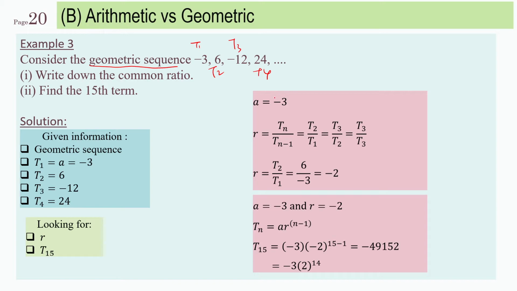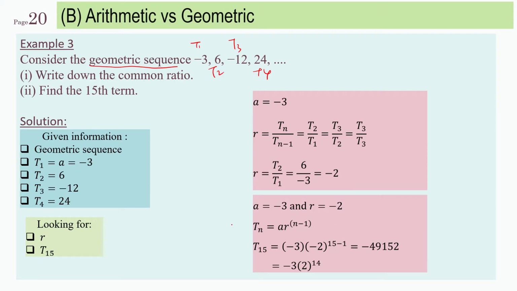We know that T1, as usual, is our A, negative 3. And we want to find our common ratio. It doesn't matter whether you use 6 over negative 3 or 24 over negative 12. They both give you the same, negative 2. Once I have my negative 3 and negative 2, I want to find my T15.